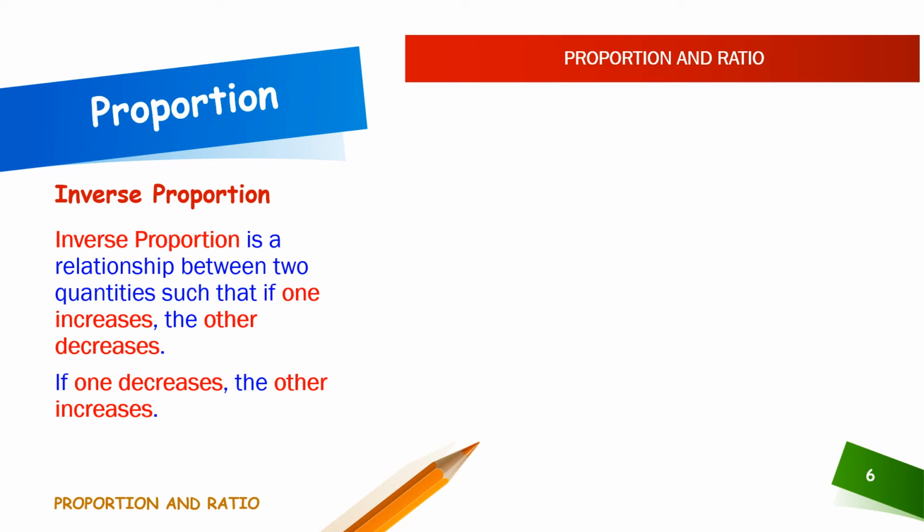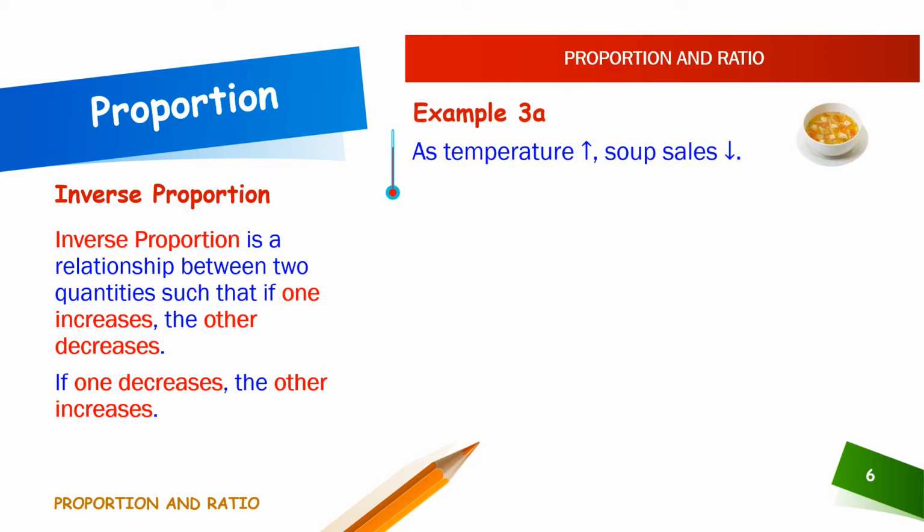Inverse proportion is a relationship between two quantities such that if one increases, the other decreases. Or equivalently, if one decreases, the other increases. So for example, as temperature increases, soup sales decrease.